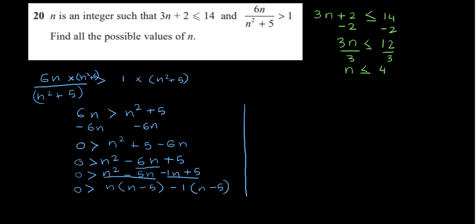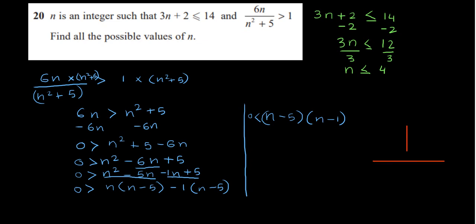So n minus 5 times n minus 1 is greater than 0. So in order to finish this inequality, I need to sketch the graph for this quadratic equation.